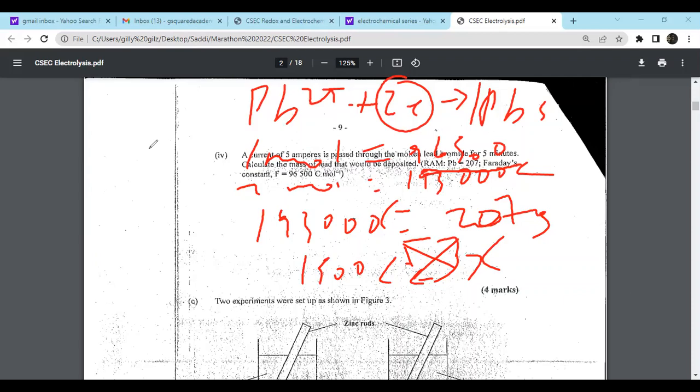You need to cancel your coulombs to get your grams, and then you get your answer. Okay, 4 marks. The examiner is not just going to give you 4 marks for doing nothing. You have to do all of these calculations.